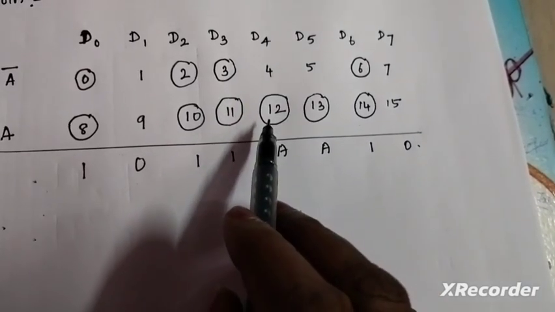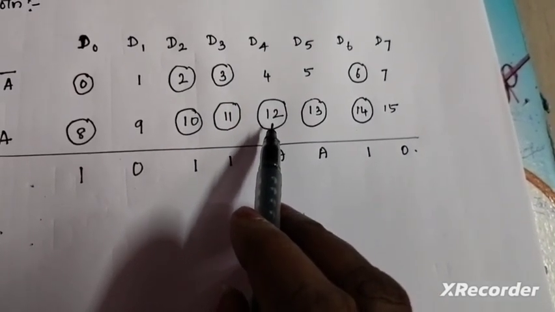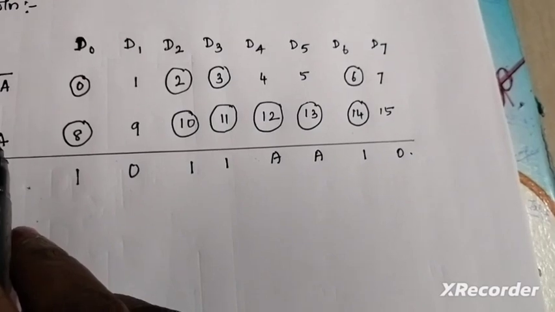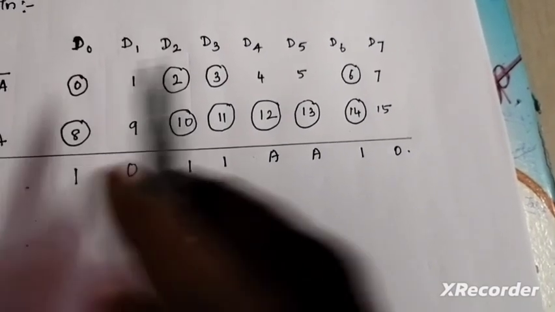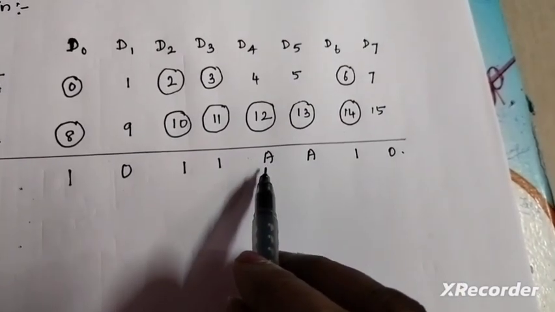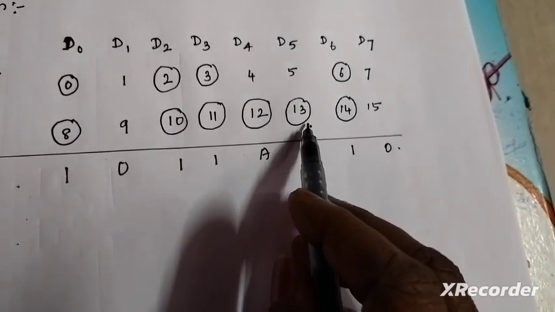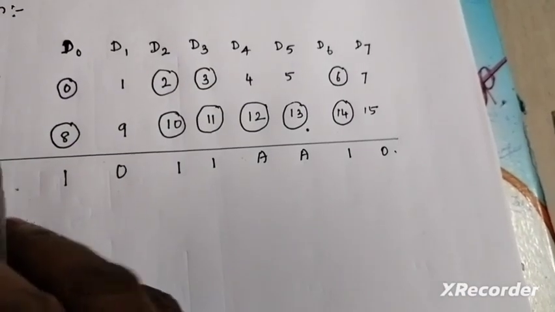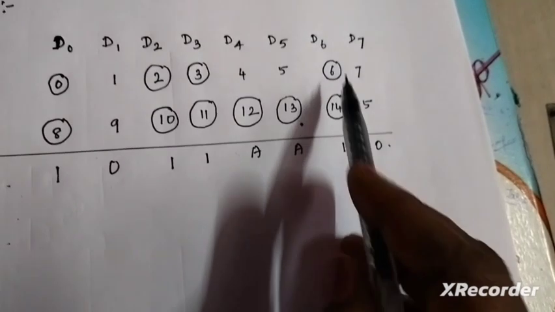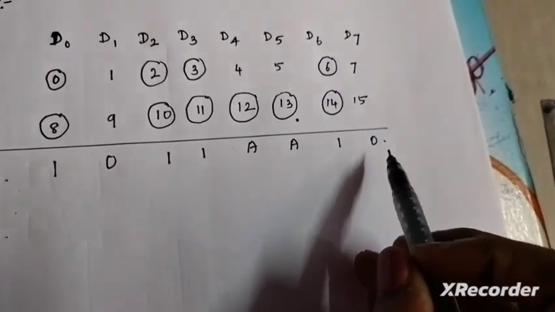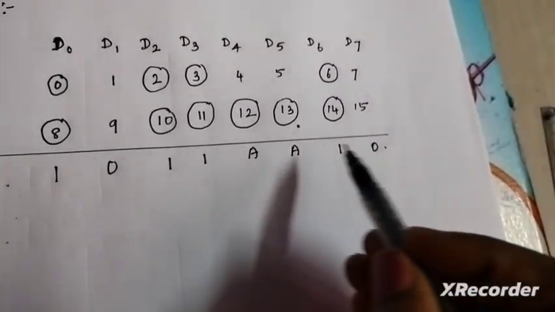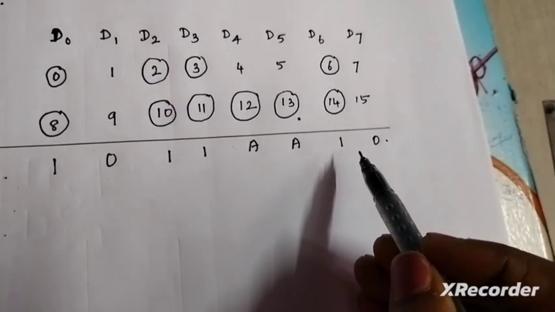But see the 12, which min term is circled, and see the row your variable was A. So you have to write that particular variable. Similarly for the 13, it is circled, and your equivalent variable is A. And if both are circled, 1. If it is not circled, 0. So like that, you have to write the multiplexer values.